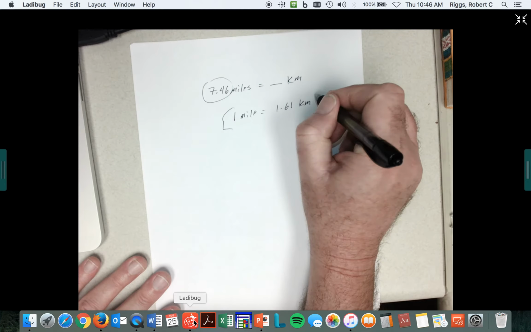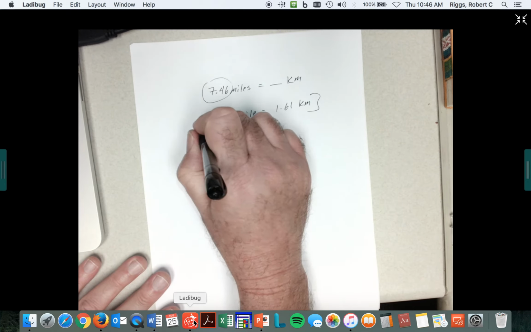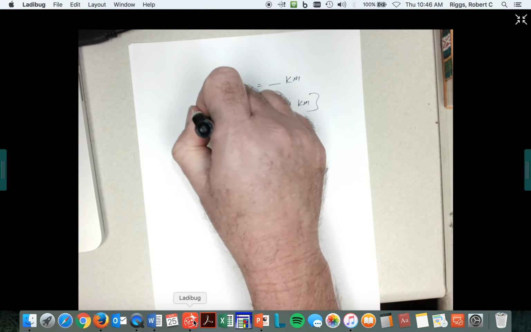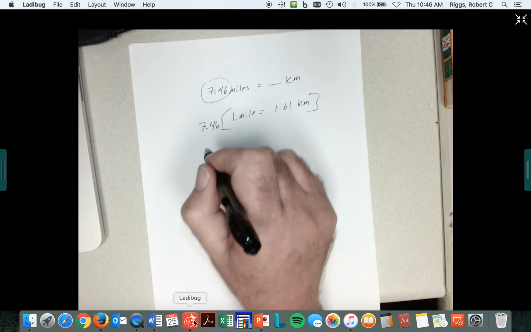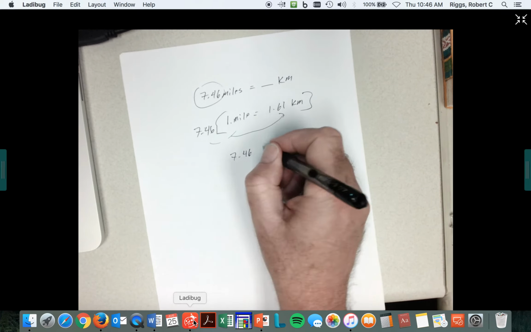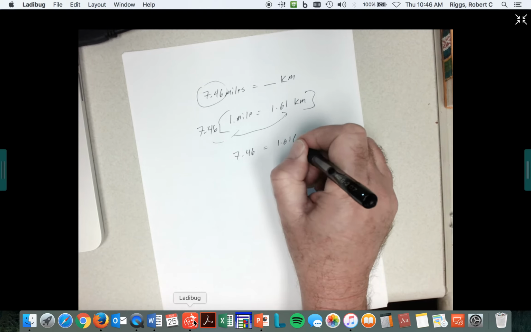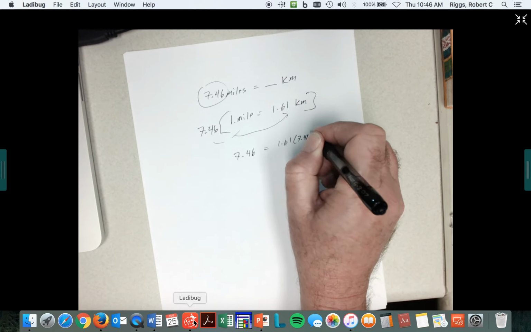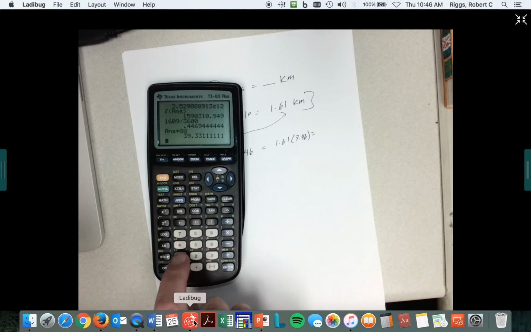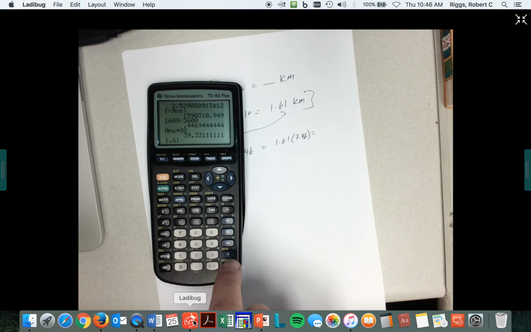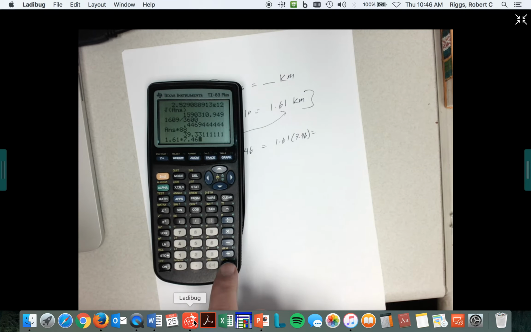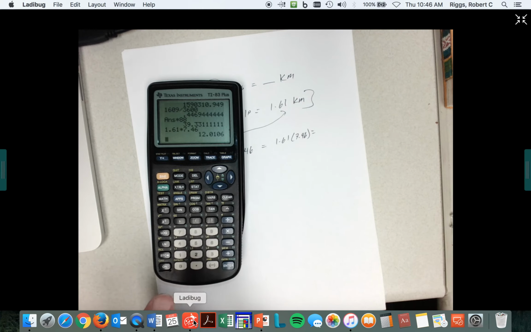So you take the whole thing, this is all you have to do, and multiply this by this, and then this by that. Okay? So it's just the parentheses thing. So you get 7.46 times 1.61 equals, and I think this comes out to be 12. And the Bay to Breakers comes out to be 12.